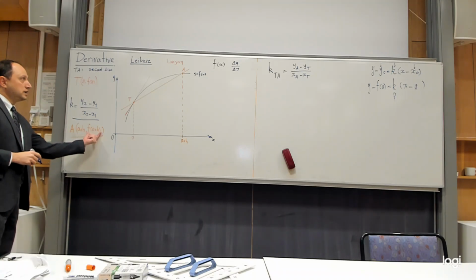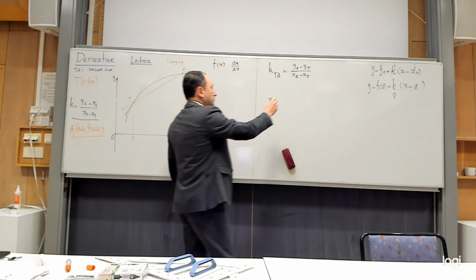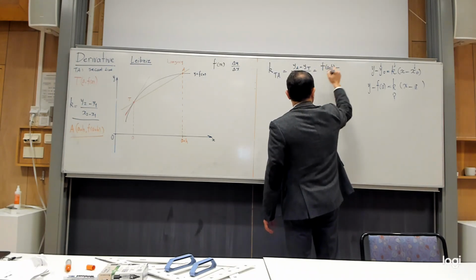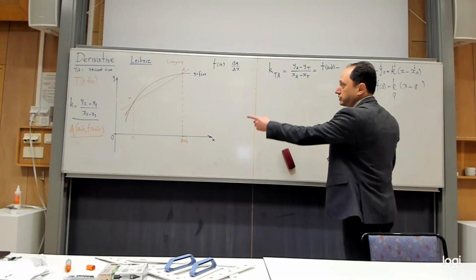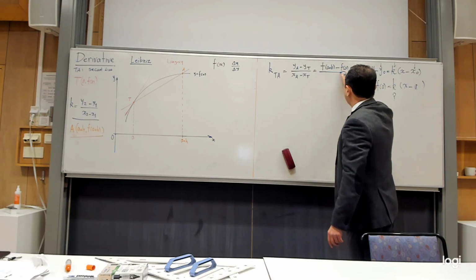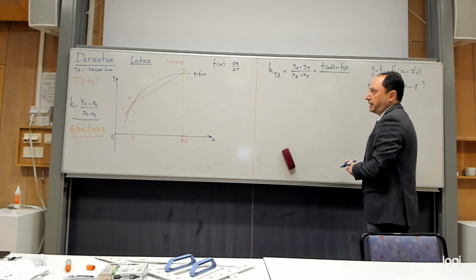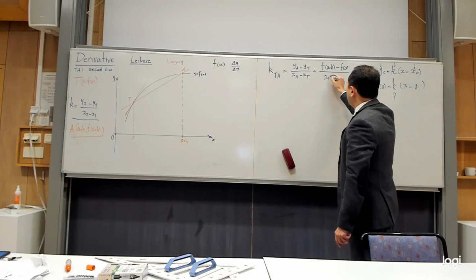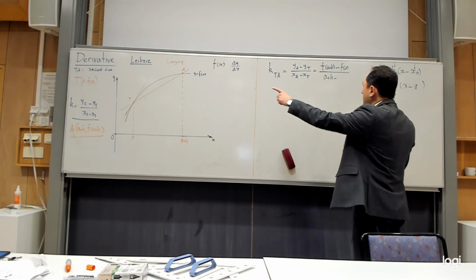This value is y of A. So I replace it. It becomes f of a plus h minus, what is the y value for T? You have it on the board. It is f of a, divided by, what is x of A? It is a plus h, minus x of T, which is just a.